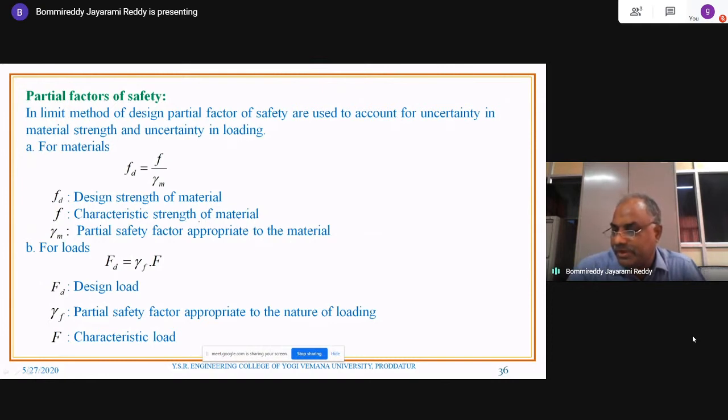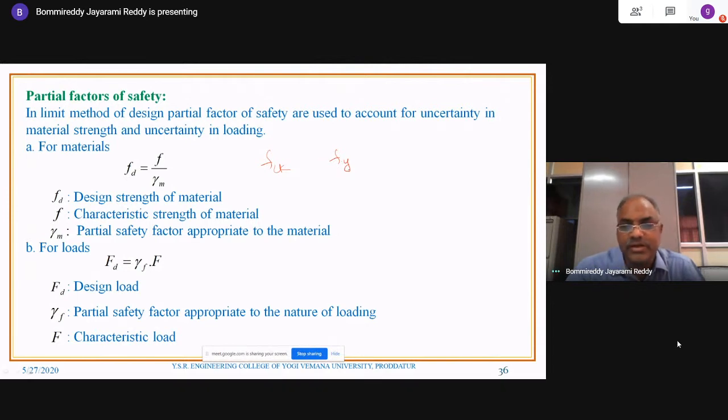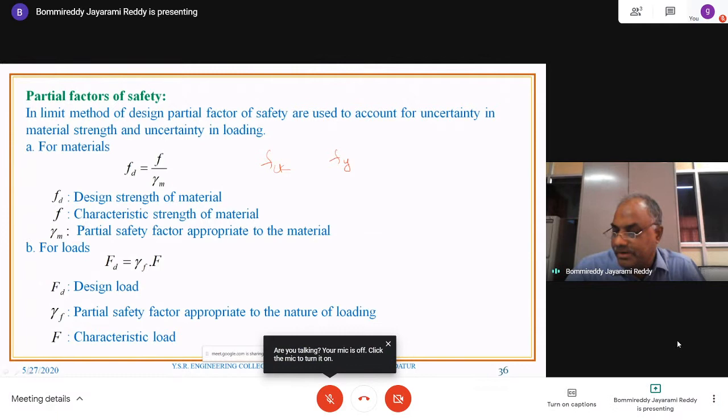F is nothing but the characteristic strength of material. That may be FCK in the case of concrete, or in the case of steel, it will be equal to Fy. Fy is the characteristic strength of steel, or yield stress of steel. And gamma m is the partial safety factor appropriate to the material.